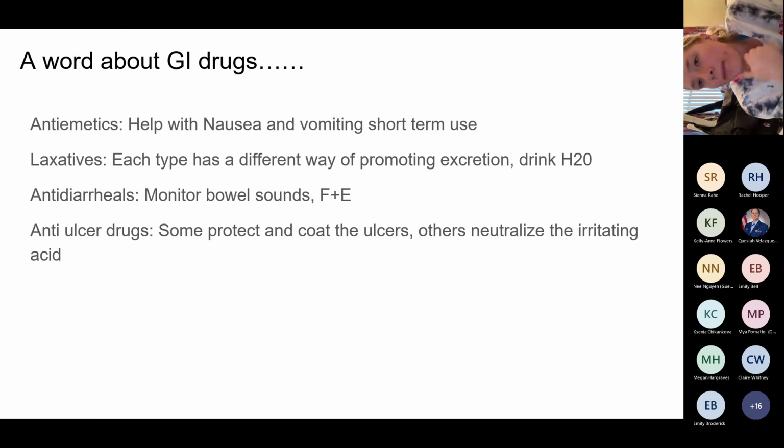So, a word about our GI drugs, usually classified into antiemetics, laxatives, antidiarrheals, and anti-ulcer drugs. Please be aware with our tummy meds, a lot of them have multiple different cool functions. Now, we haven't learned too much about GERD yet or peptic ulcer disease yet, but a lot of these drugs can be used for a variety of different things.